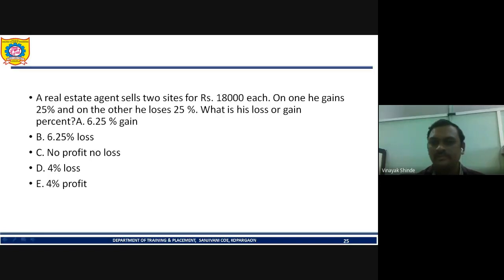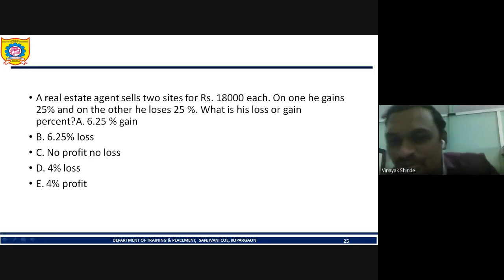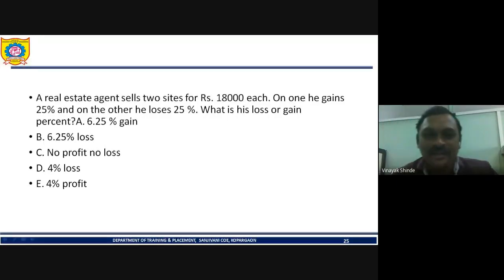Yes, answer please. Akash is saying no profit, no loss. Very good, Krishna and Akash. But other students are saying 4% loss.